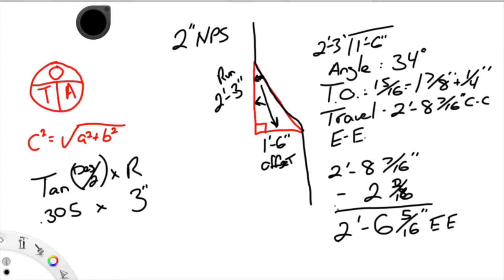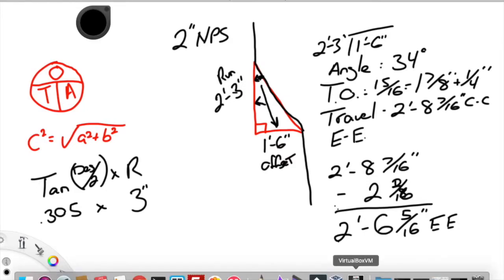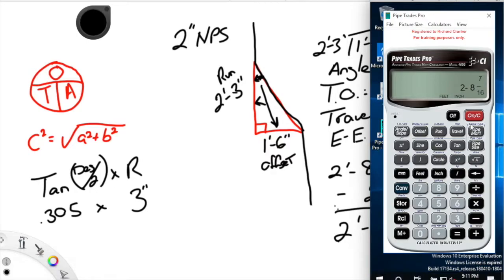Okay, pull up our calculator. Clear this out. We're working with 2-inch pipe size, and we have an offset of 1 foot 6 inch offset, 2 foot 3 inch run.